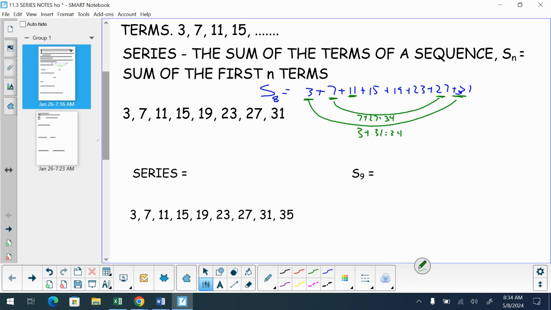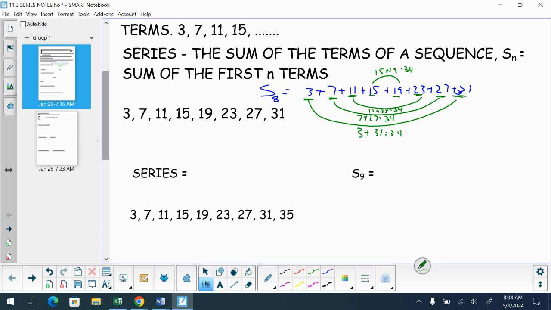If we take 11 plus 23, we would get 34. If we take 15 and 19 and add them together, we get 34. So rather than adding all these numbers together, I can add 34 together 4 times.